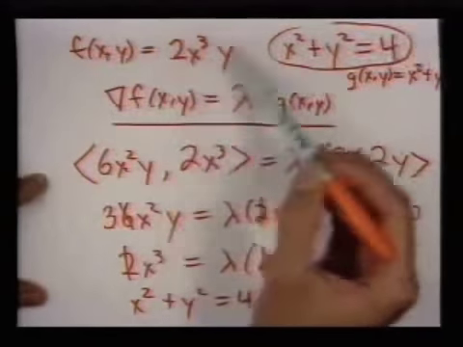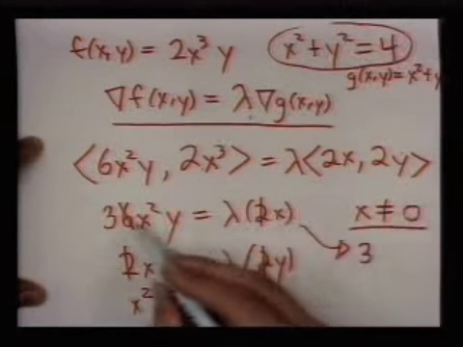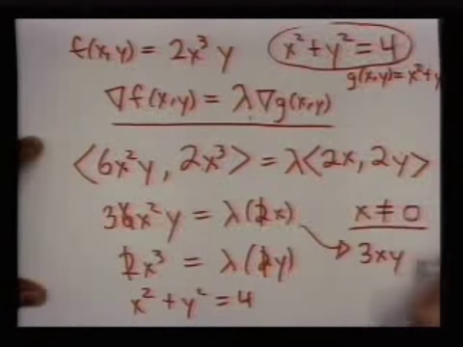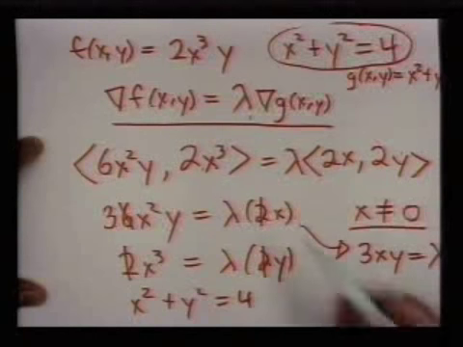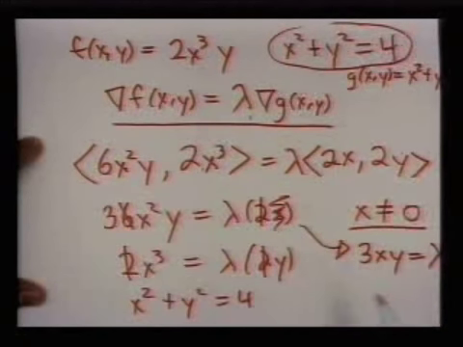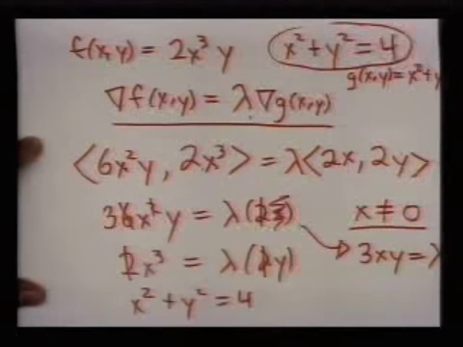So that allows me to cancel some x's. I can divide by them because I know that it doesn't make sense for them to be 0 in this problem. So this equation, I can divide out the x and get 3xy equals lambda. So that's by canceling this x and canceling 1x over here.